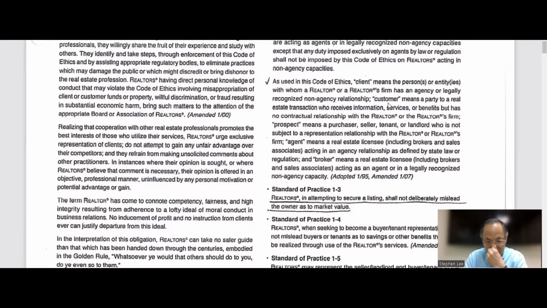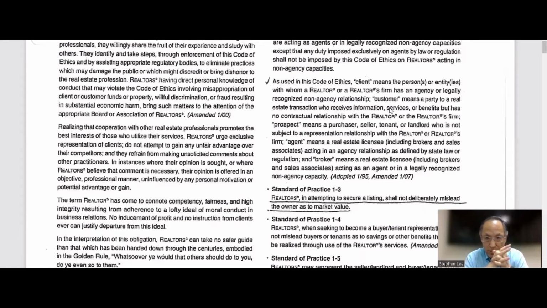And when we say customer, it is different. Customer means a party to a real estate transaction who receives information, services, or benefits, but has no contractual relationship with the realtor or the realtor's firm. So who might this be in a real situation? Let's say you are the listing agent.